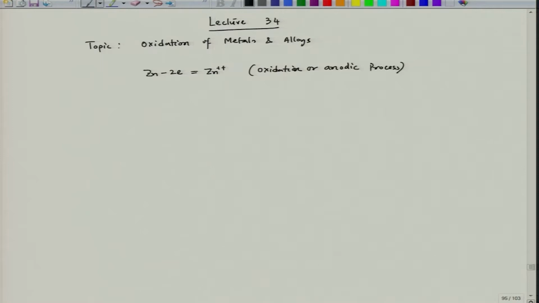Of course, in order to maintain neutrality, these electrons released by zinc must be consumed by some cathodic process, which could be hydrogen evolution reaction, oxygen reduction or water reduction.